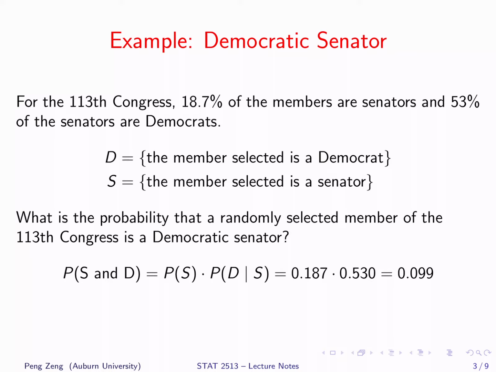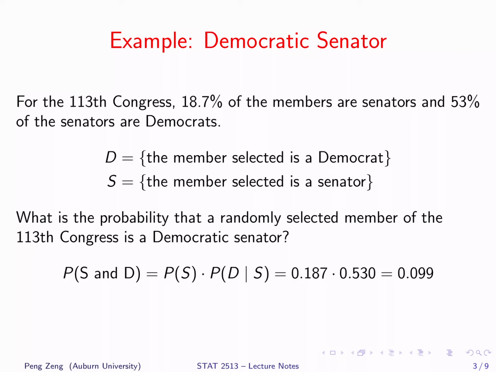What is the probability that a randomly selected member of the 113th Congress is a Democratic senator? This question asks for the probability of S and D. Applying the formula we discussed in the previous slide, probability of S and D equals probability of S times probability of D given S, or 0.187 times 0.530 equals 0.099.